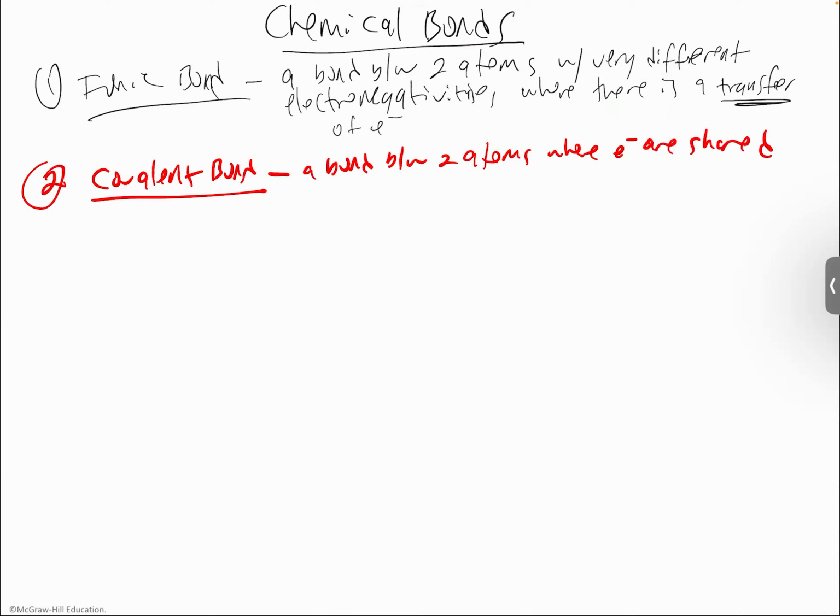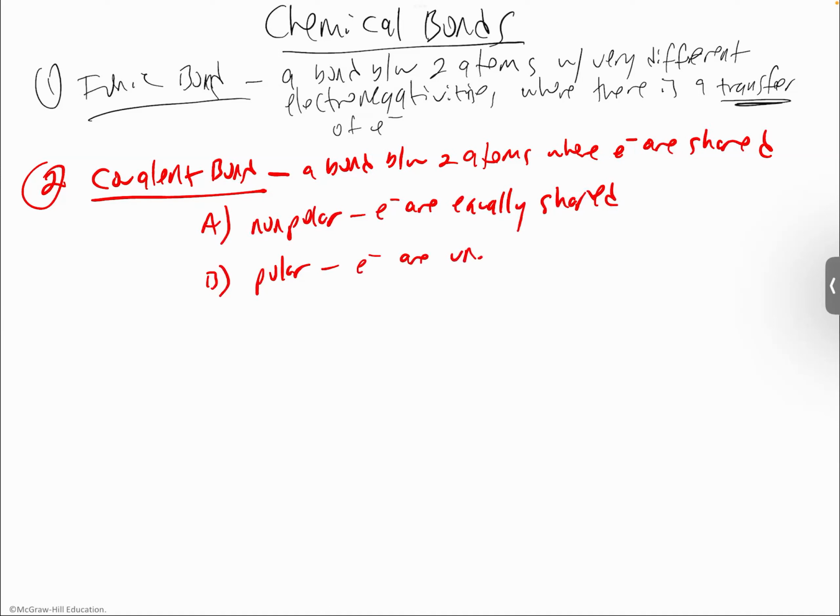That's to be compared with transfer. Now there's two different versions of it, right? So as Jared said, there's non-polar and then there's polar. So nonpolar is basically where the electrons are equally shared. And a polar bond is where the electrons are unequally shared.